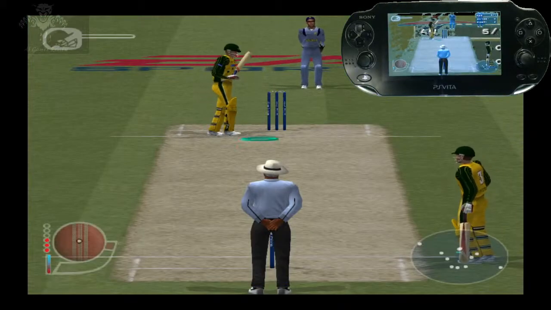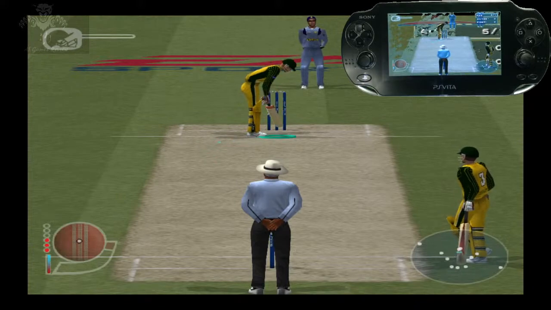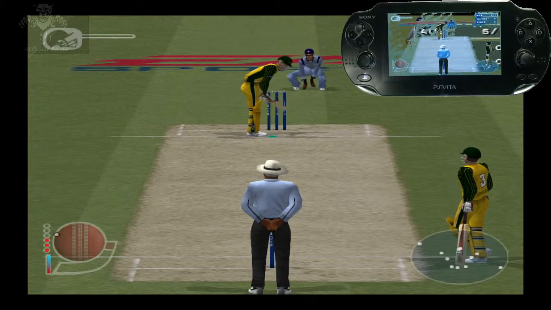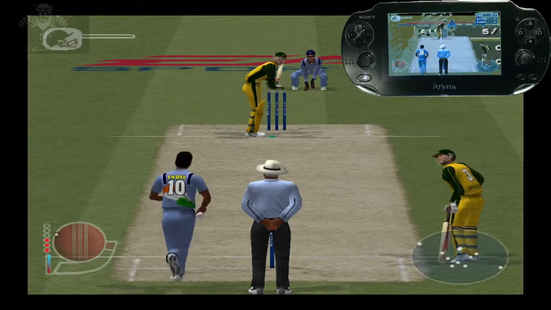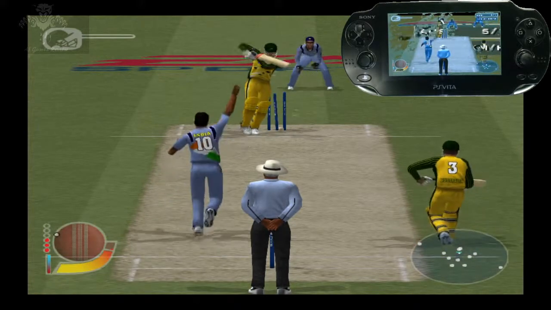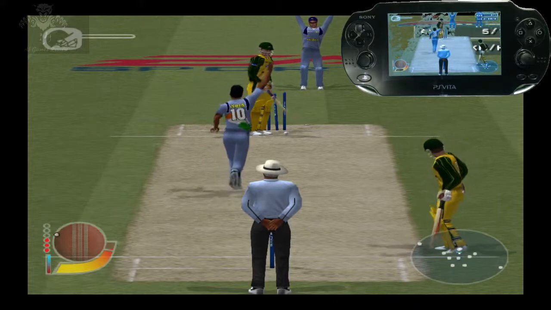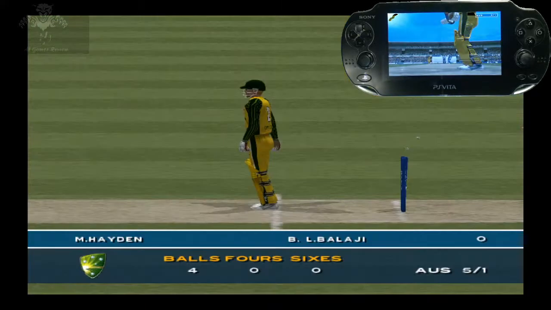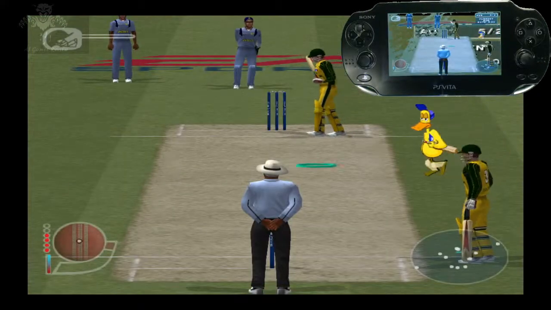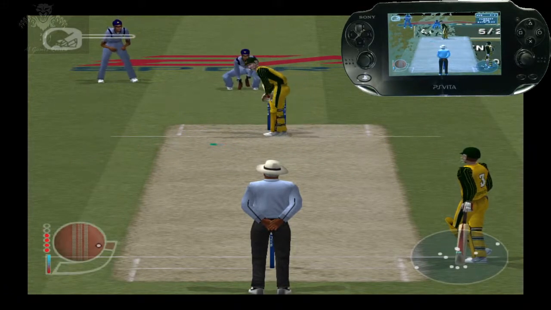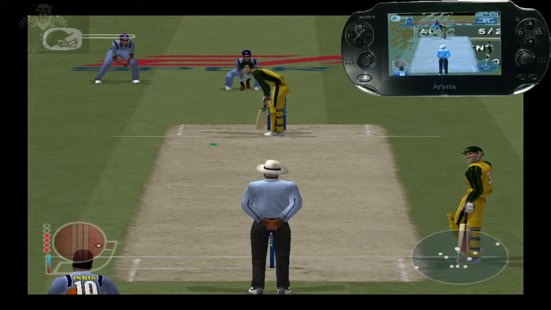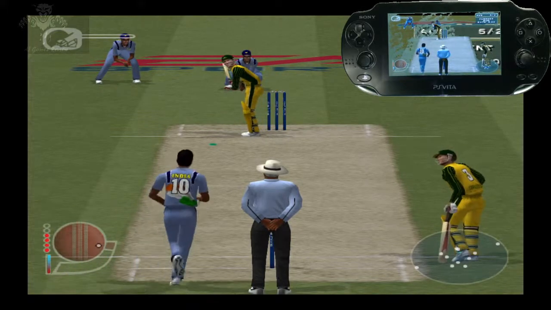Very close to the stumps. Done him and shattered the stumps. He was bowled all over the place. Balaji gets his first wicket. This was the end of the innings for Hayden. Australia 2 down now for 5. He's back in the pavilion with a big round 0 to his name.